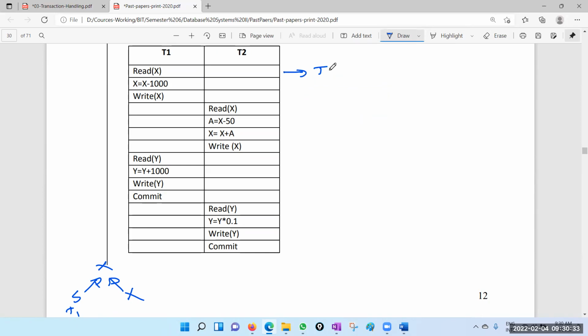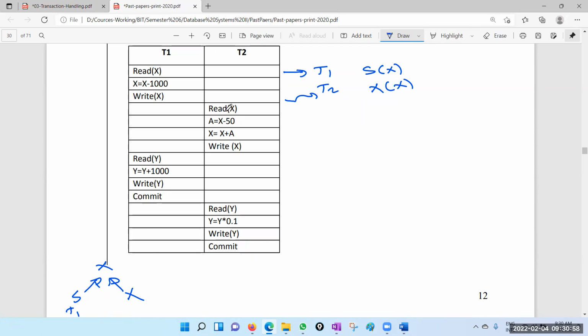Here transaction 1 shared X, here transaction 2 exclusive X. Now transaction 2 needs the read lock.